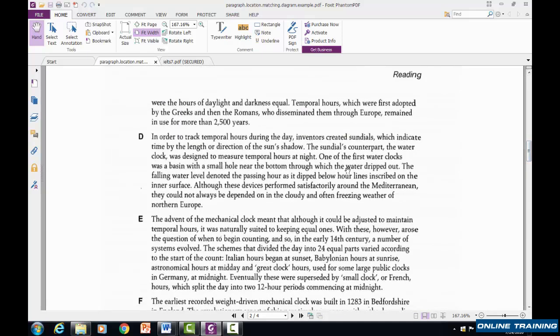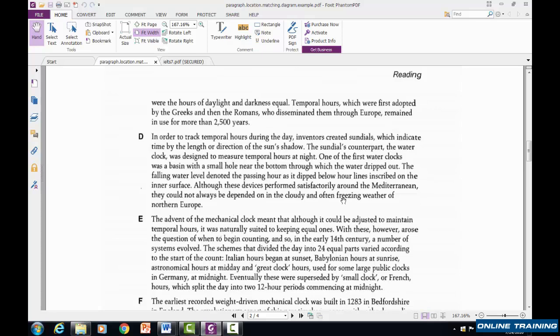Paragraph D. Here's the word inventor. Again, we're looking at the topic sentence. In order to track temporal hours during the day, inventors created sundials, which indicate time by the length or direction of the sun. So the inventors created a sundial. There's our early invention. Now let's see if we see anything in this paragraph about cold temperature.